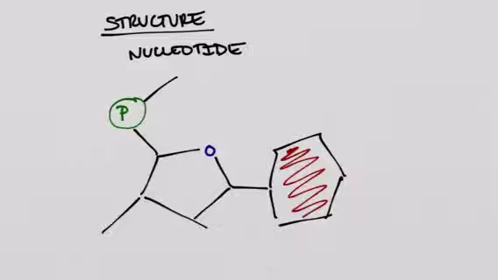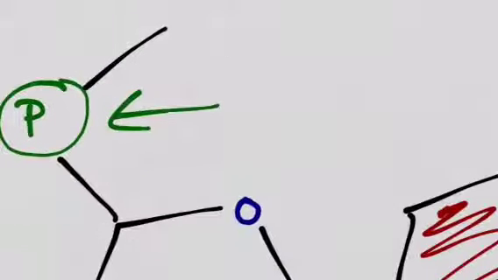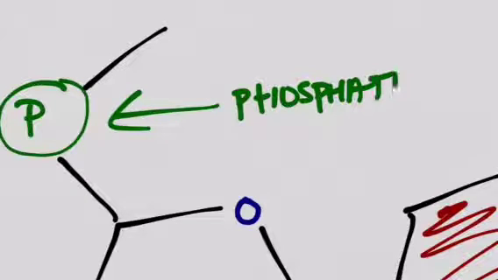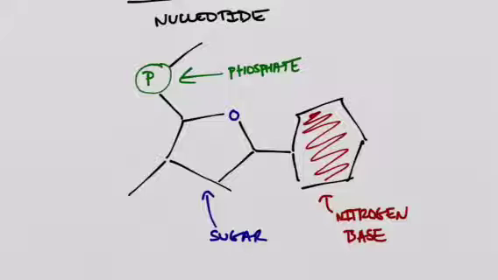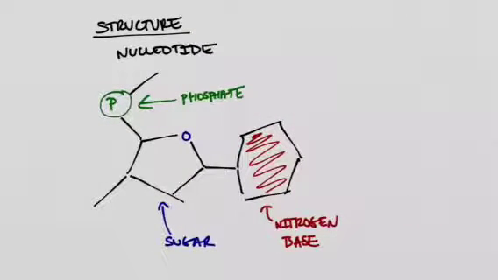So let's label all these pieces here. This is the phosphate. Here is the sugar, and this is the nitrogen base. And this entire thing is a single nucleotide right here. This whole deal.